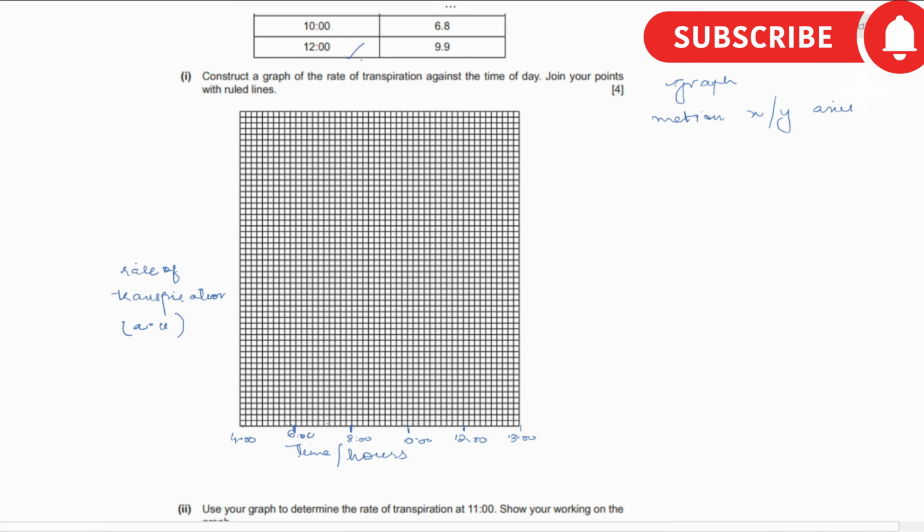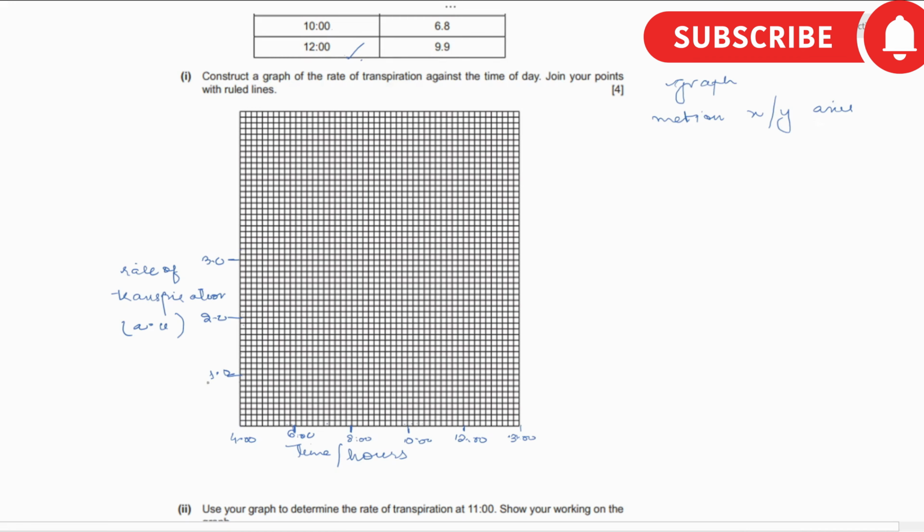Okay. Here is 1, here is 2, and then 3. Oh, we have to go till 10, so I have to change it.